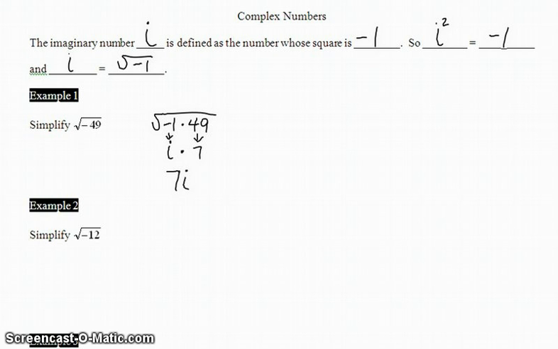Let's do one more together. Here I have the square root of -12. Once again, breaking it down into its components, and remember, I'm looking for perfect square factors. I'm going to have the square root of -1 times, and if I look at that 12, I know that that is 4 times 3, and 4 is a perfectly squared number.